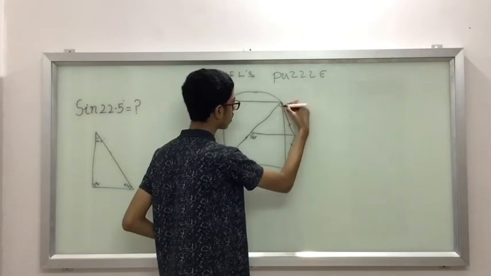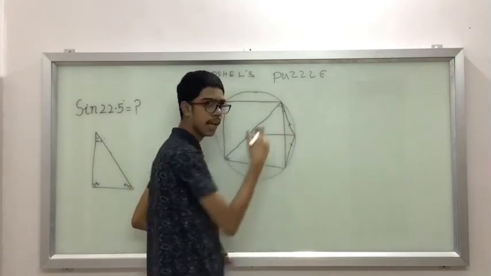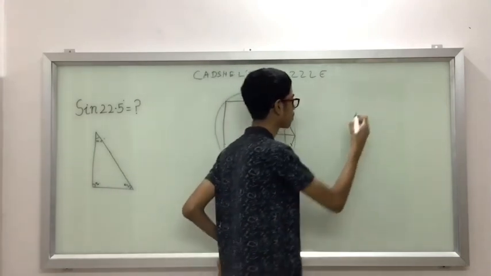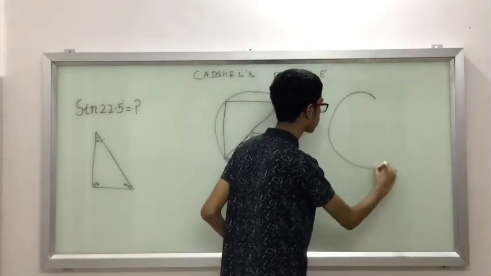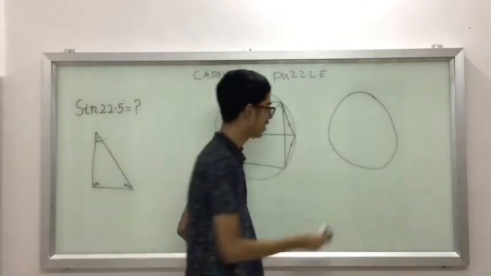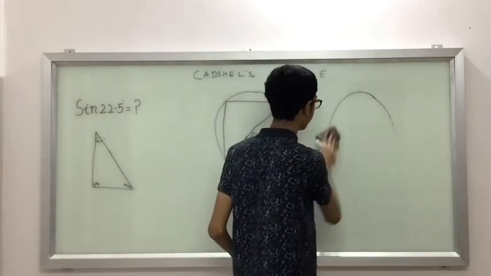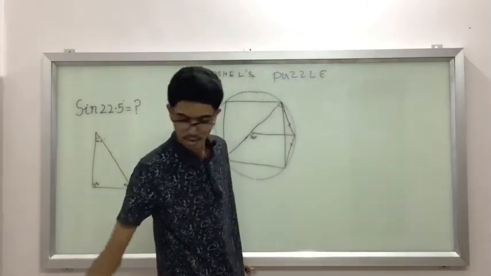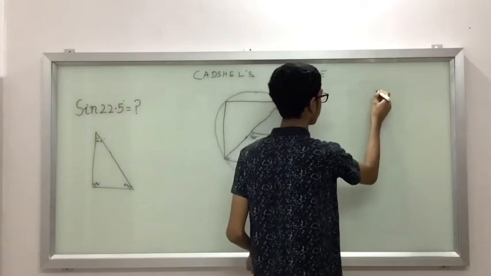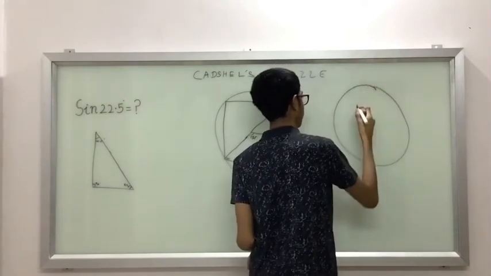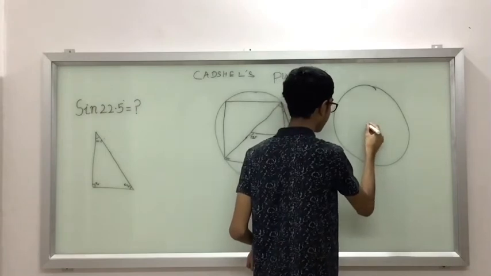Okay, what is this angle? To find that angle, just think. This is not looking like a circle, wait. Okay, we will keep this a circle.